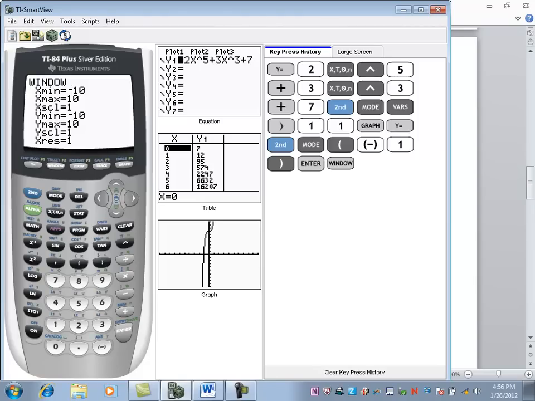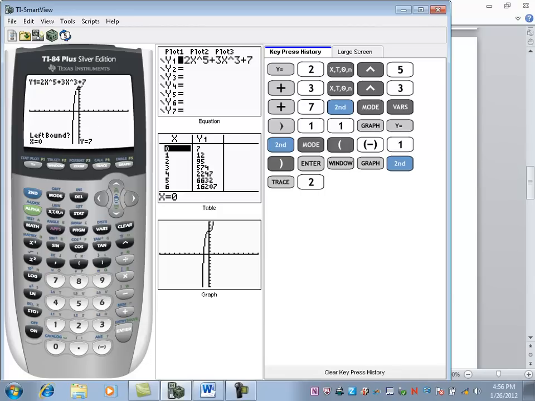And folks, I'll be honest with you, this theorem was really, really handy when we didn't have some of the technology that we have now. You know, now we can plug in, we can look at the graph, and of course we could get the 0 if we wanted to, and we could just do it, second calc, 0, and so my left bound, get over here a little bit to the left, we hit enter.